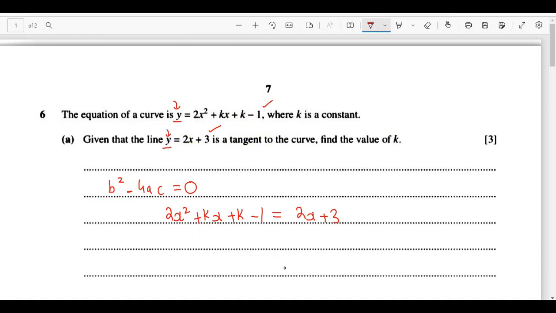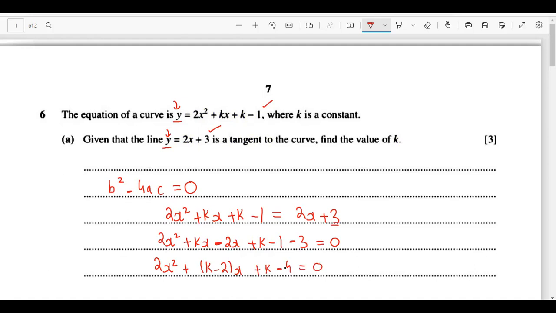Now I am going to simplify it. This can be written as 2x squared plus kx minus 2x plus k minus 1, and then I'll take this 3, so it becomes minus 3 equals 0. Simplifying, this gives me 2x squared plus k minus 2, I've taken x common, x plus k minus 4 equals 0.